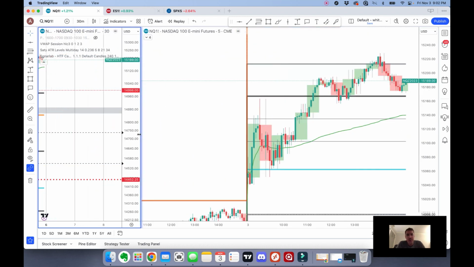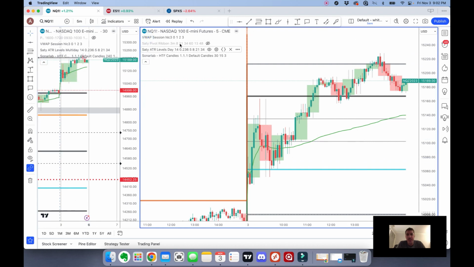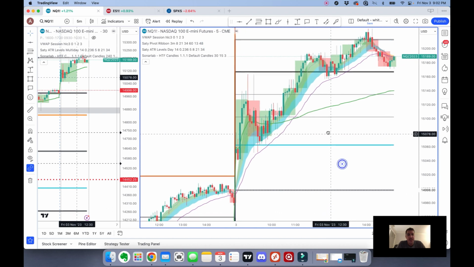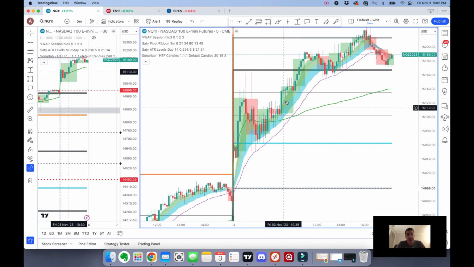Sometimes I do, but if I showed you on the daily, this is what the pivot ribbon looks like. You see how it opened strong, came back up, it held this trailing line, and then it just kept on trailing. The reason why I don't necessarily like this is because it is a lagging indicator.